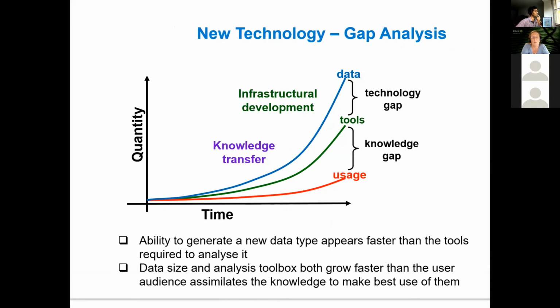And also, on top of that, the size of the data that are being generated and the number of tools in the toolbox needed to analyze that both tend to grow faster than the knowledge in the general user community that's needed to actually use those tools and make the best use of those data. So why is that important to a core facility? Next slide.